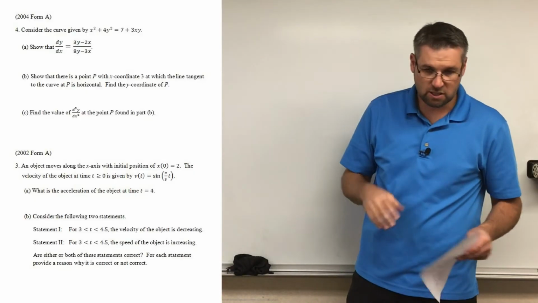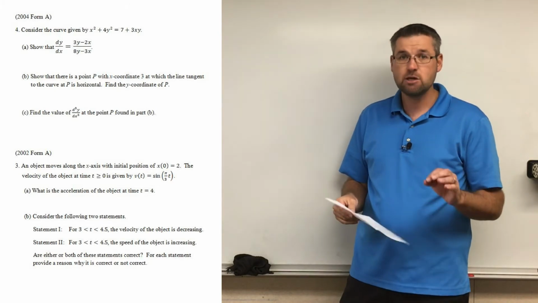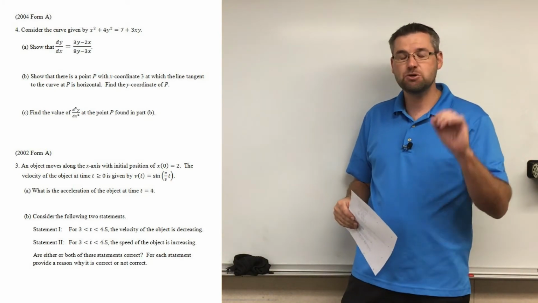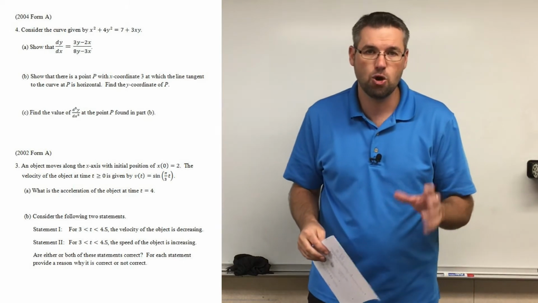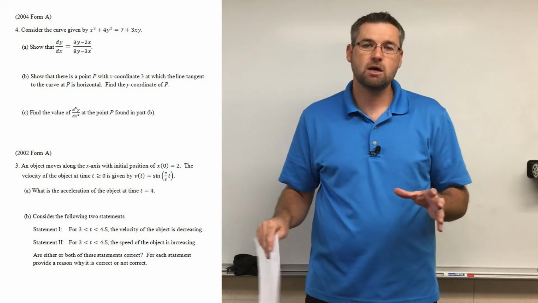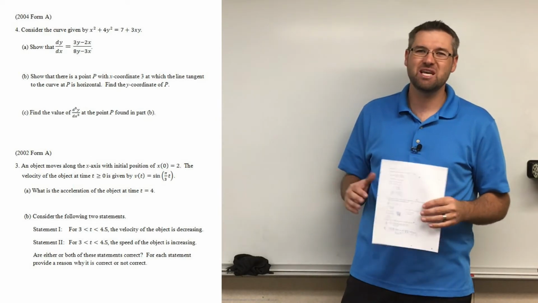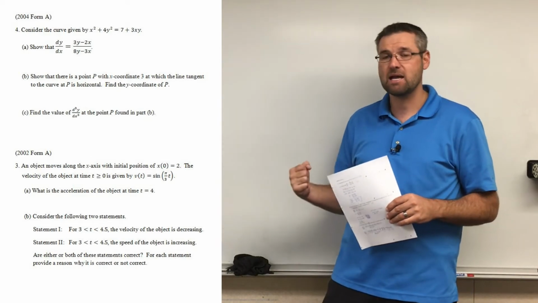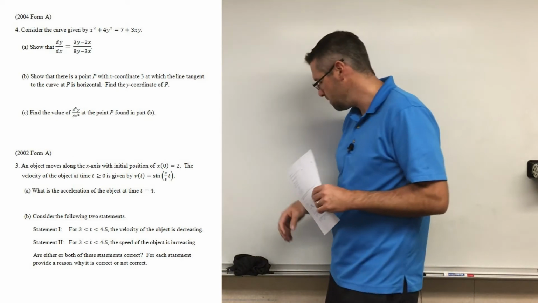I have two problems here, and I'm going to put them off to the side so you can see them. And what I would like you to do is pause the video and do it yourself. Normally a free response question should take no more than 15 minutes. So go ahead and set a timer for 10 minutes and see how much you can get done in that 10 minutes, and then come back and compare your results to mine to see how you did, okay?